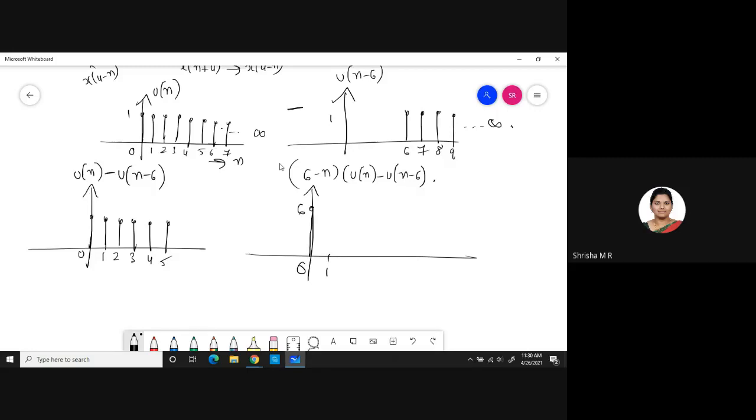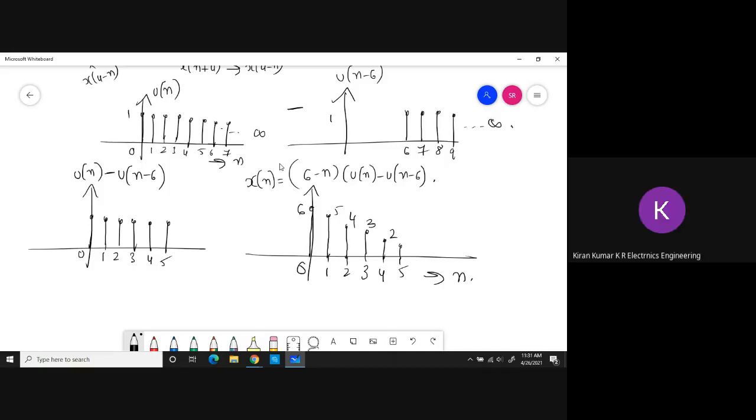At 1 it will be 5, at 2 it will be 4, at 3 it will be 3, at 4 it will be 2, at 5 it will be 1. Got it, everyone?